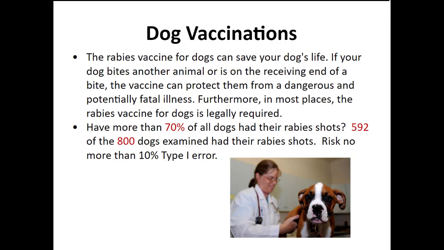Furthermore, in most places, the rabies vaccine for dogs is legally required. The question asks, have more than 70% of all dogs had their rabies shots? 592 of 800 dogs examined had their rabies shots. Risk no more than a 10% type 1 error. All right, we can do this.